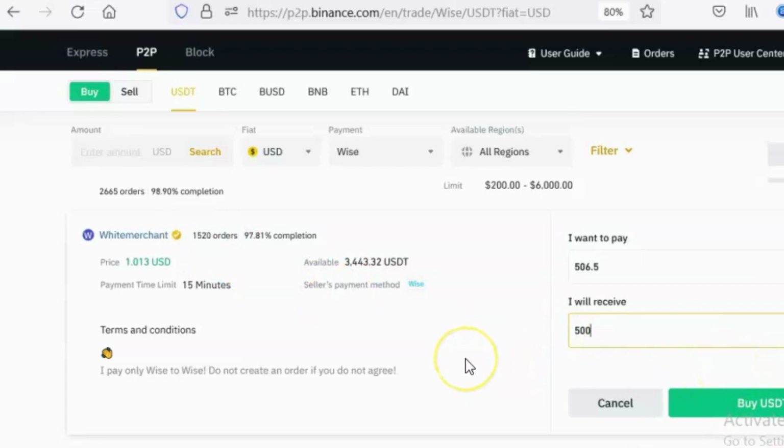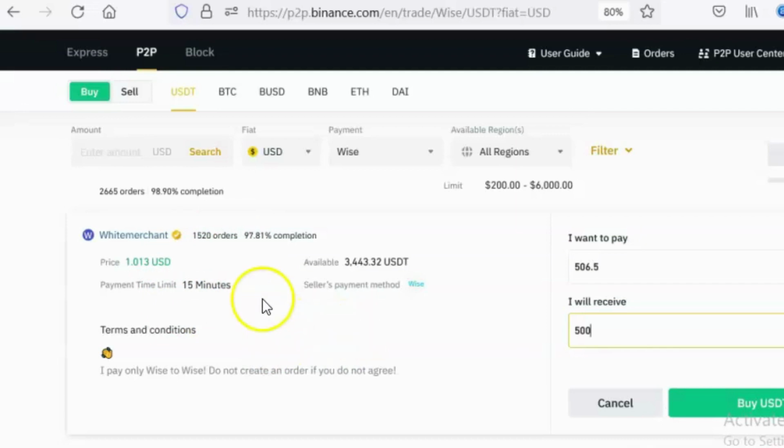The implication of that is that once the trade is opened, we have 15 minutes to make payment to the guy's account. Now, in case we don't meet up to the 15 minutes, we still don't have an issue as such. What we just need to do in that situation is let the person know, in the chat that we open up, oh, sorry, for whatever reason we've not been able to make payment.